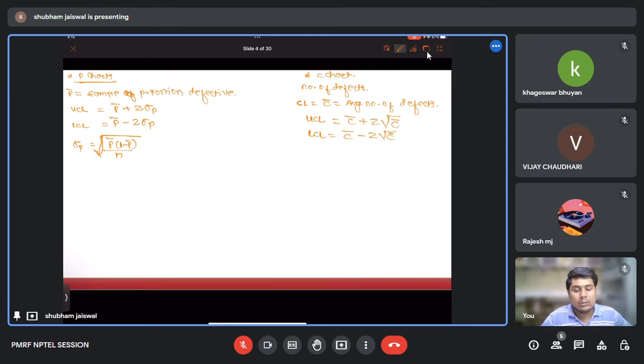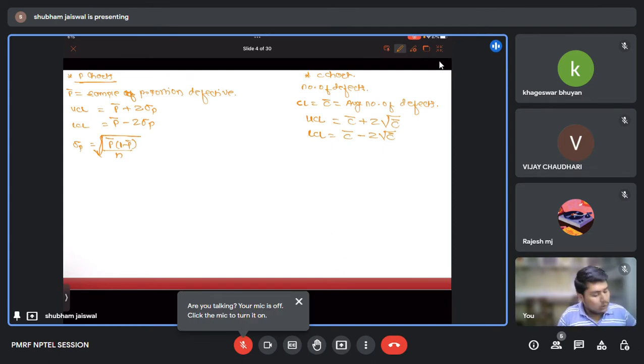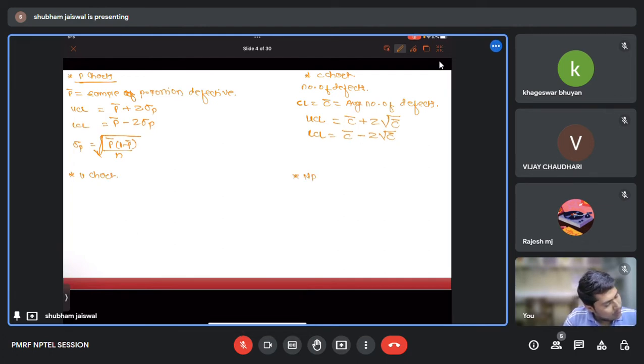Okay. After this point, we have seen two charts, that is the U chart and the NP chart.